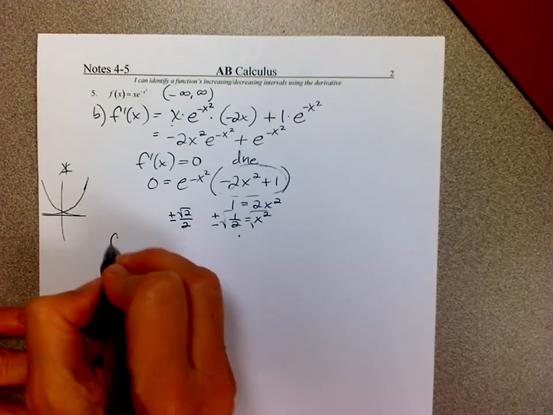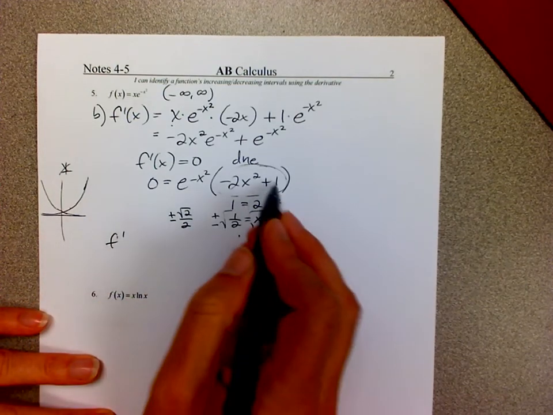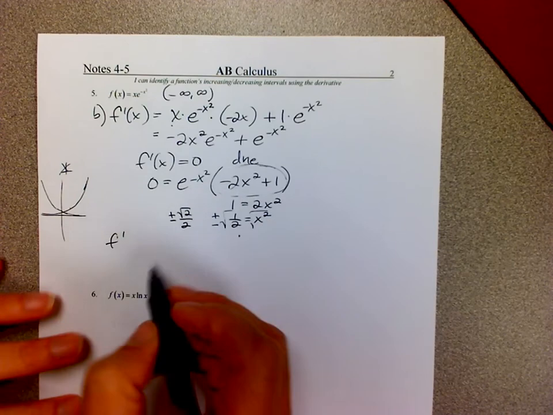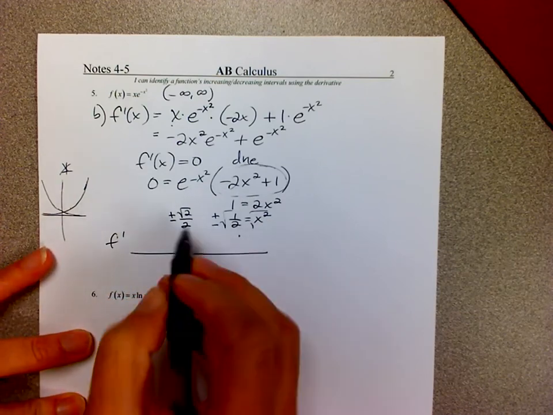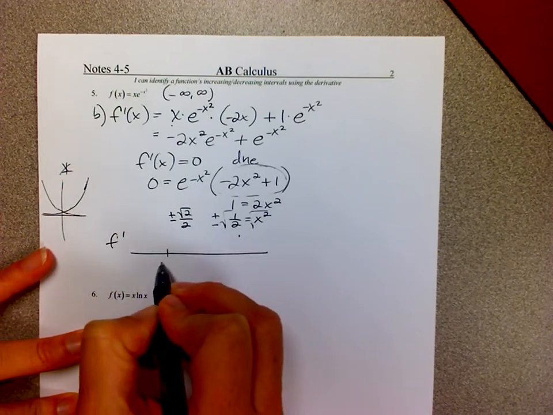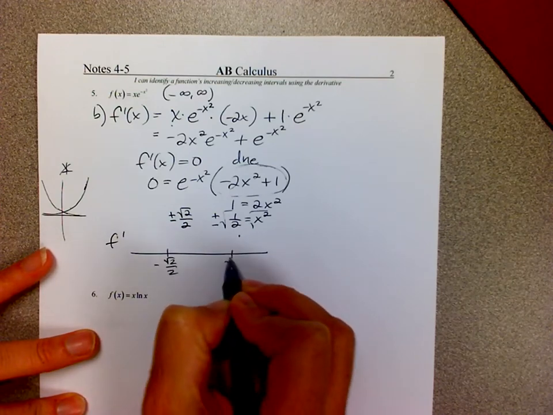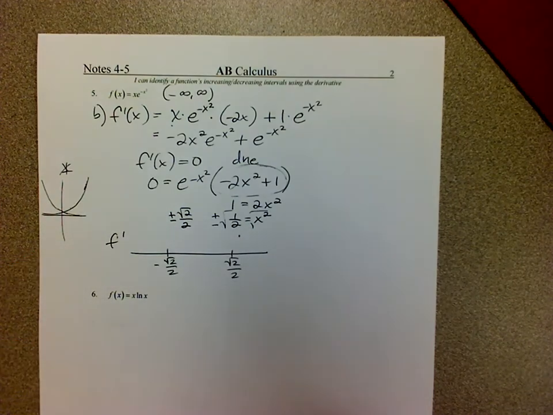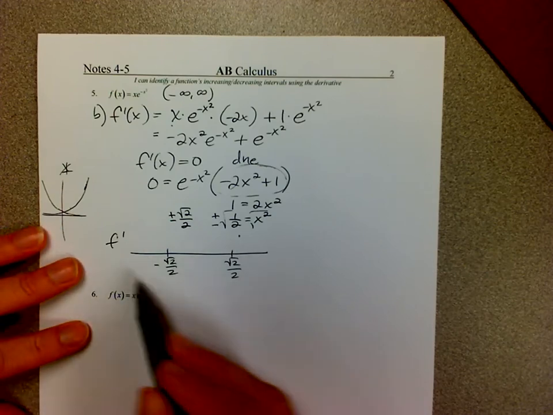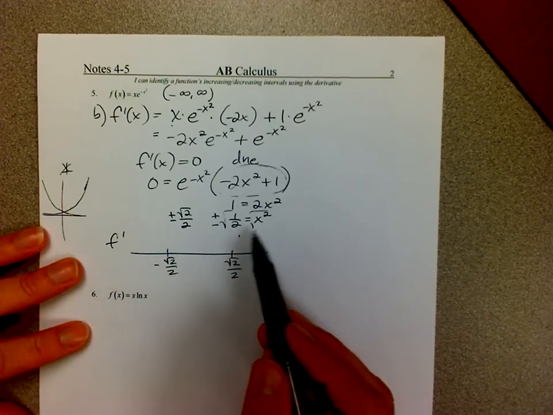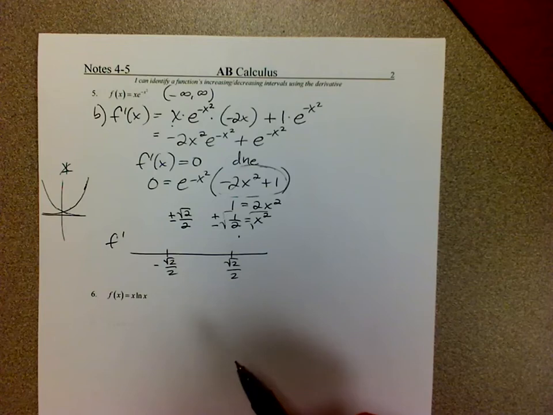So I'm going to make my table, because I really don't know how this graphs, but I'll explain in a second. Okay, so here is my negative square root of 2 over 2. Here is my positive square root of 2 over 2. And then I'm going to look at my values here. My values don't repeat, so now you just have to kind of figure out what's going on.